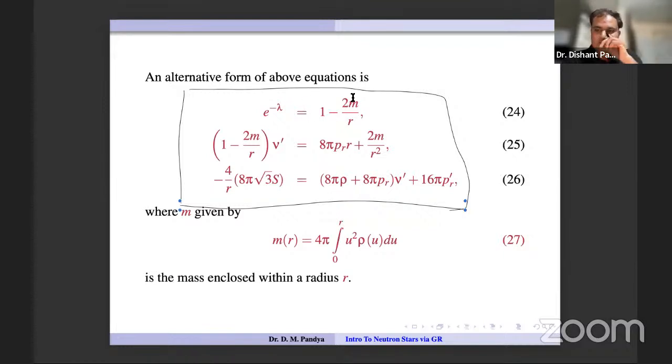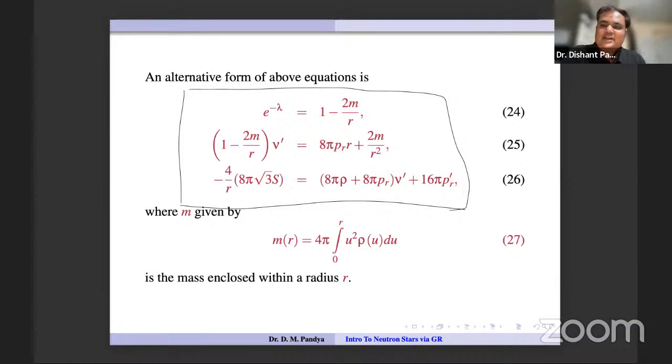This is the standard metric. You can consider equation number 6, and the standard metric with this relation 1 minus 2m by r. And then radial pressure can also be connected with this expression, and similarly rho, p_r and p_t, I mean the magnitude of anisotropic stress, that is S, is given by this.